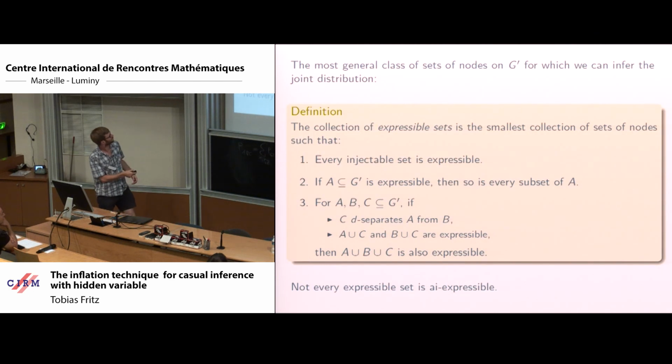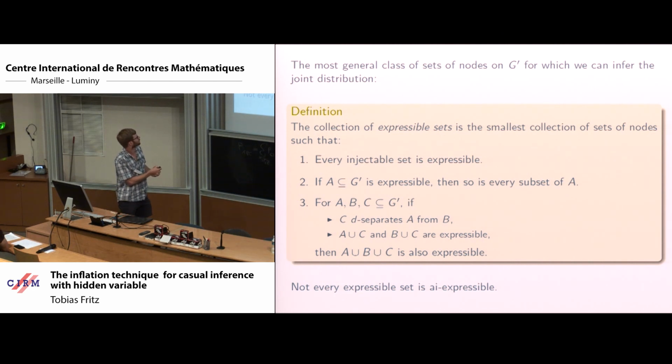Any subset of an expressible set is certainly also expressible. And whenever you have three sets which satisfy a d-separation relation, this jargon means that in any causal model on G prime, C makes A and B conditionally independent.